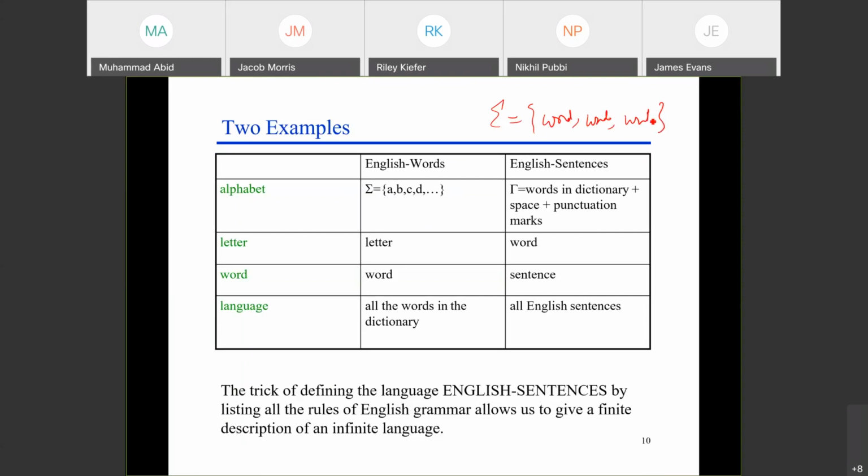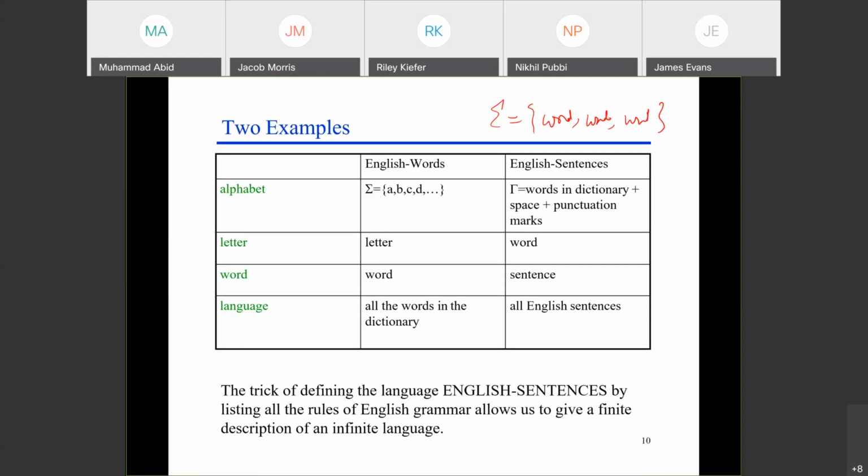Each word will behave as a letter, and then I combine these words and make the sentences. And the language will be all the combinations of sentences.